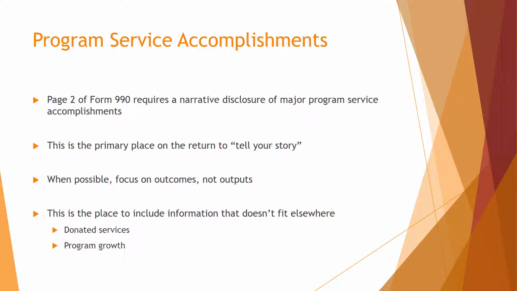This is the primary place on the return for your organization to tell its story. There is a line item that requires a description of the major activities and program service accomplishments of the organization during the year. And this can be generic, but it also can be very specific and focused, and there's really no limit to how much you can say.